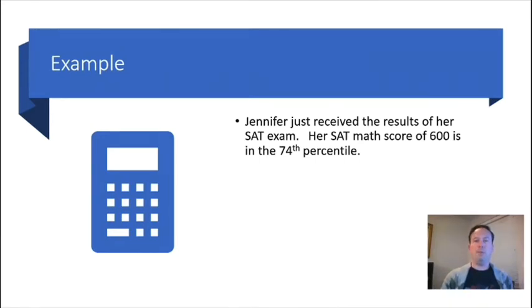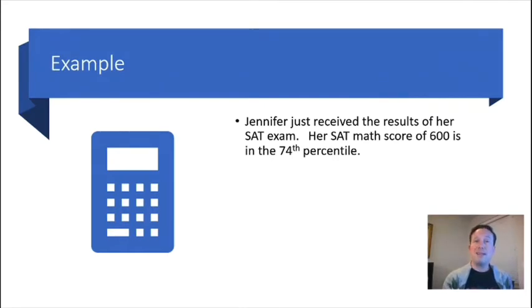Here's another example. Suppose that Jennifer received the results of her SAT exam. Suppose that her SAT math score is 600, which places her in the 74th percentile. How can we interpret the meaning of the 74th percentile?